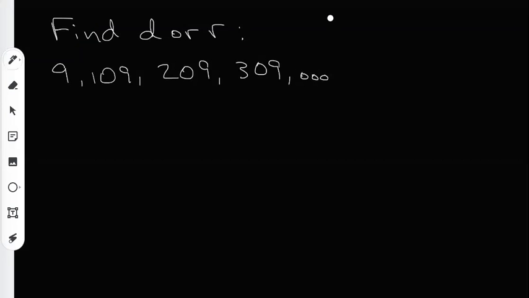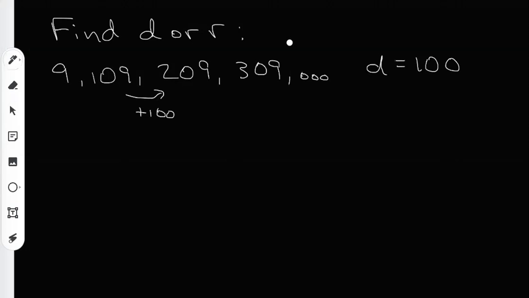Find D or R. Well, if I'm adding to get to the next term, like I'm pretty sure I am, I'm adding 100 every single time. Well, this one is going to be arithmetic, which means I'm going to have to use D.